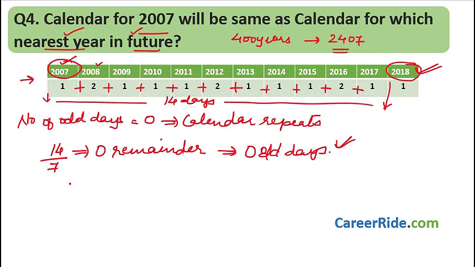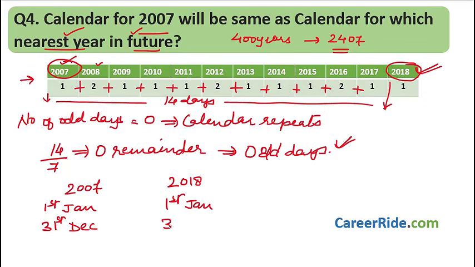Why? Understand it here. 2007 is a non-leap year, which means its 1st January and 31st December fall on the same day. 2018 is also a non-leap year. So its 1st January and 31st December would fall on the same day.